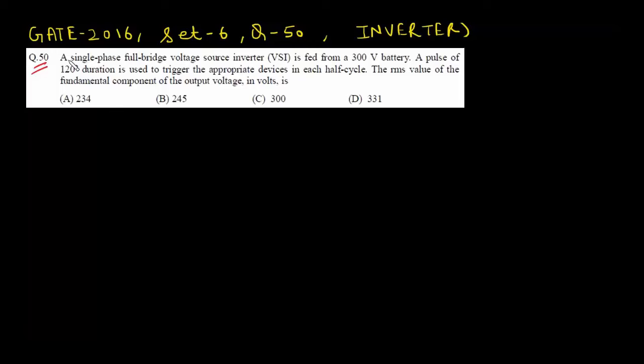This is question number 50, and this question came in GATE 2016, set number 6, and it is related to inverter circuits. We have a single phase full bridge voltage source inverter fed from a 300 volt battery. Let us draw a schematic of the single phase inverter.